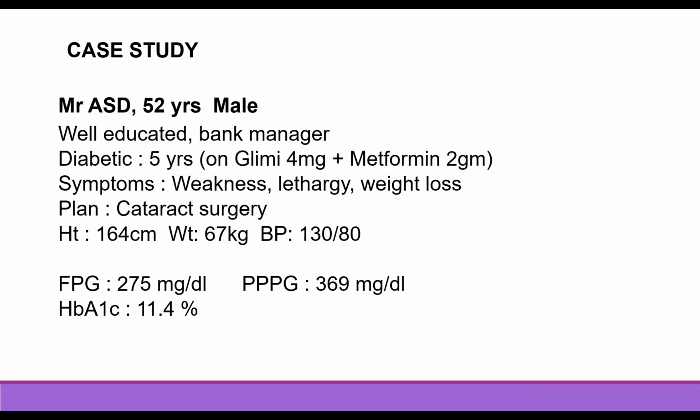Now, coming back to the patient, we have discussed that this patient was on glimepiride and metformin, with high fasting, high PP, and HbA1c more than 8.5%, and therefore the patient actually qualifies for insulin therapy.